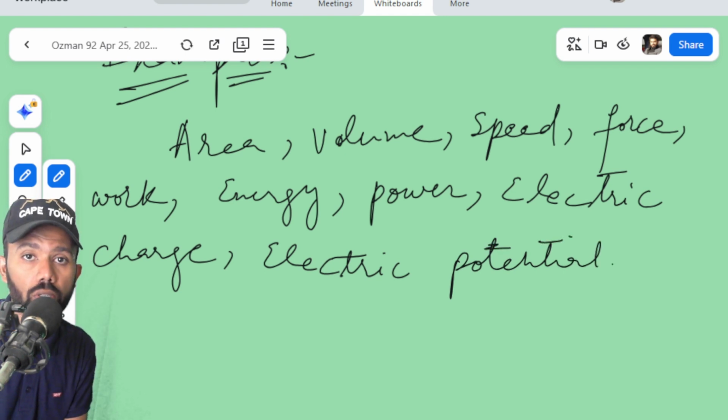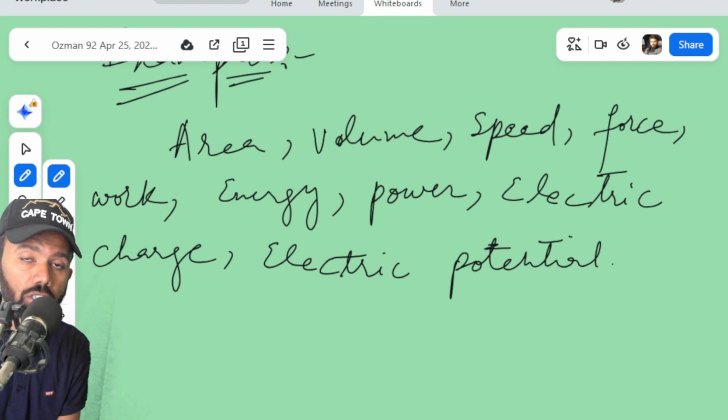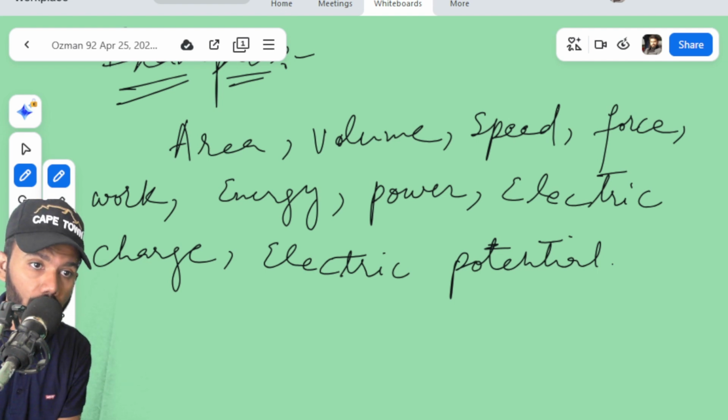So these were all derived quantities which are derived from base quantities, right?